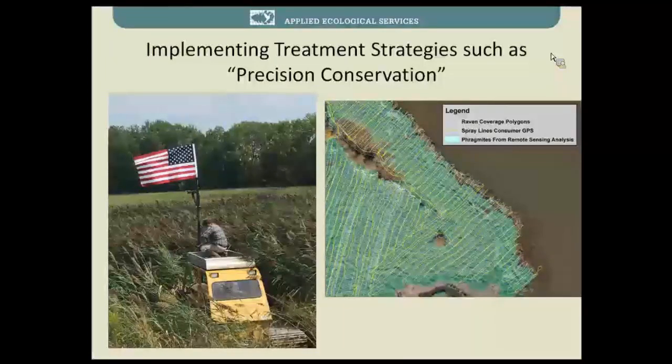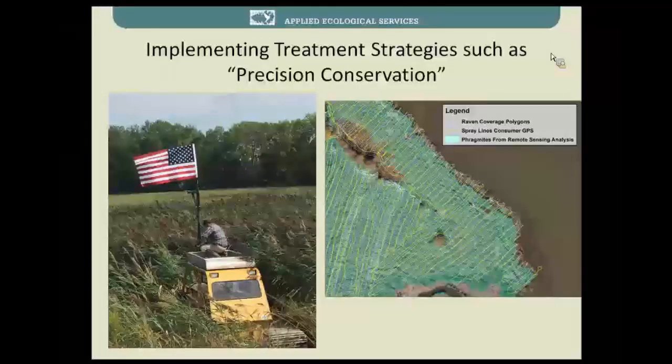The second question is how is the desirable vegetation brought back in areas that have been treated for Phragmites? Well, I think there's only a couple of examples where Phragmites has been treated and other desirable vegetation has been intentionally regenerated.